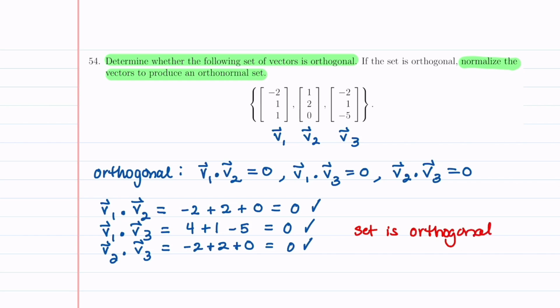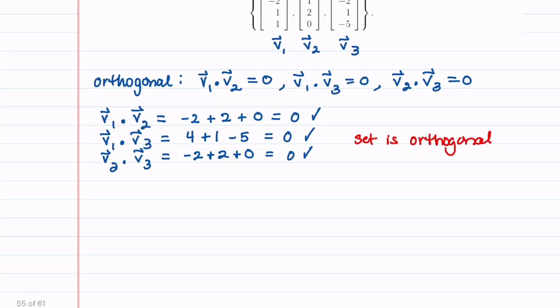Now what we need to do, since our set is orthogonal, is to make our set an orthonormal set. I'm going to call our orthonormal set vectors u1, u2, and u3.